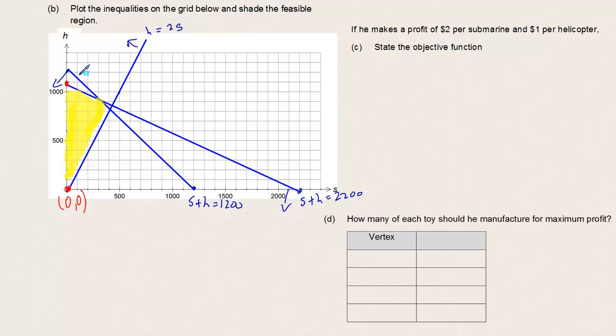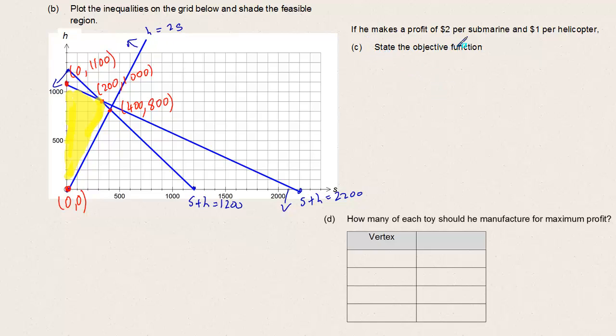This one up here is (0, 1100). There's an intersection just here, and that one is at (200, 1000). And there's one here which is at (400, 800). So those are our vertices.